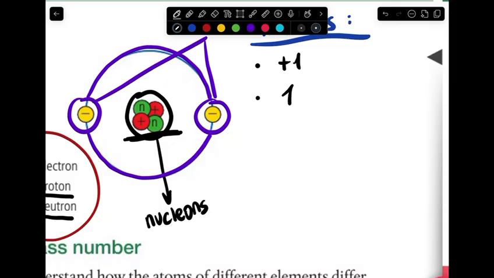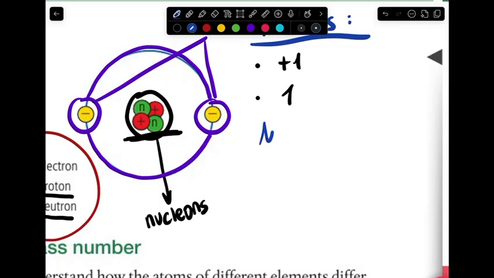So in the periodic table, the periodicity, the repeating pattern, is about the atomic number, which is the proton number of an atom. So the number of protons determines an atom's characteristics, and the identity of that atom.